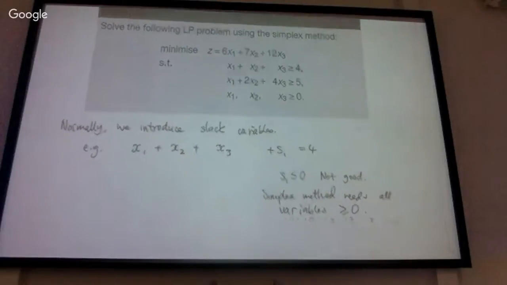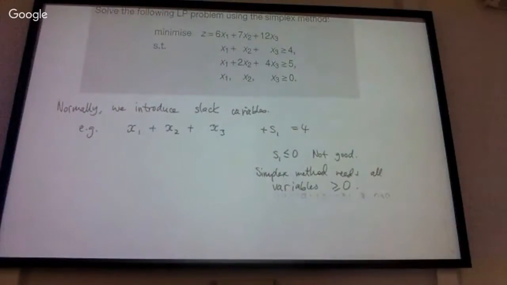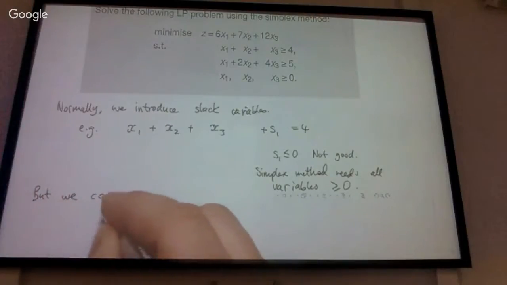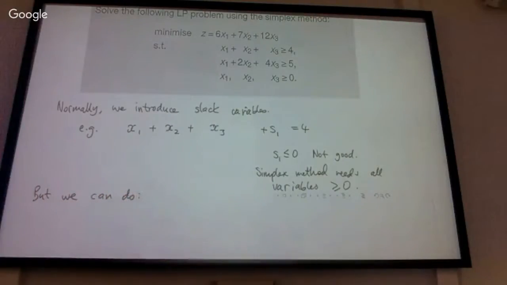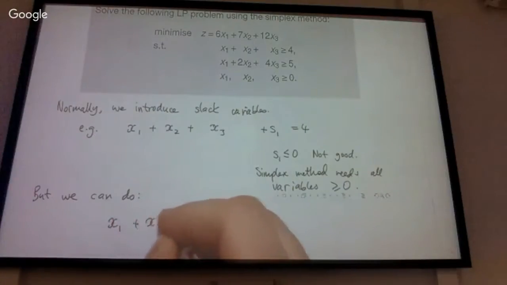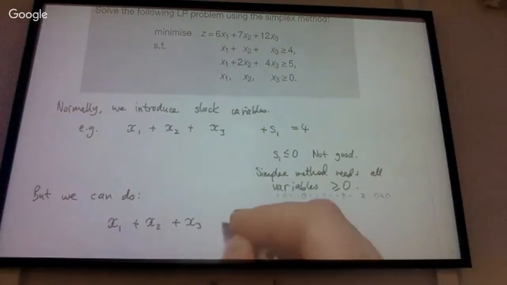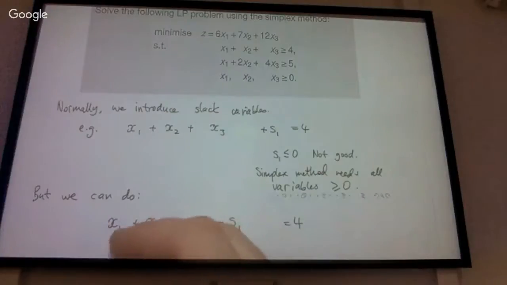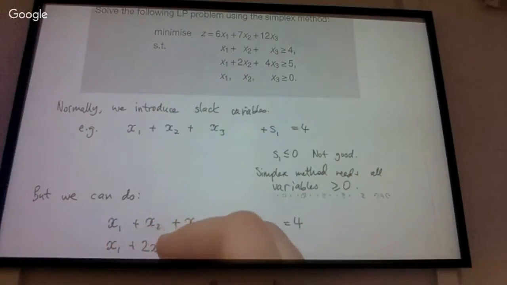So we could do what Matt was suggesting: we subtract s1 to get 4, and we can do the same thing with the second constraint.